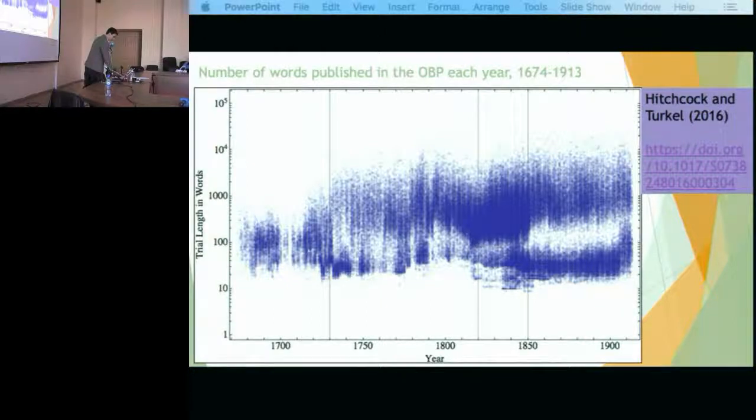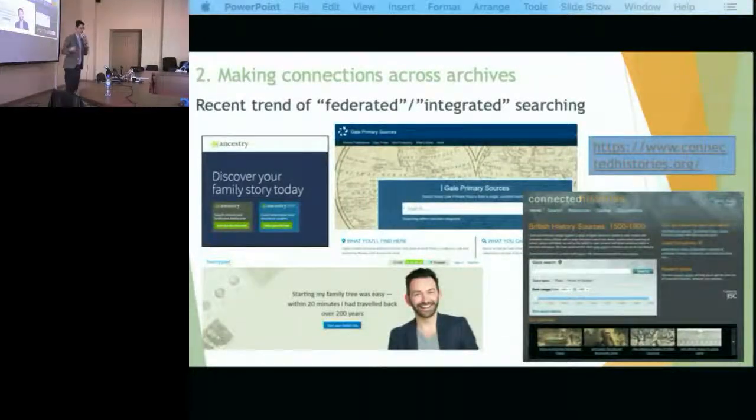So in order to overcome this, and this is the second digital humanities approach, if you like, that I want to focus on, is the recent trend towards what we might call federated or integrated searching. In other words, bringing together lots of different sets of digitized records and being able to search across all those sets of records at once.